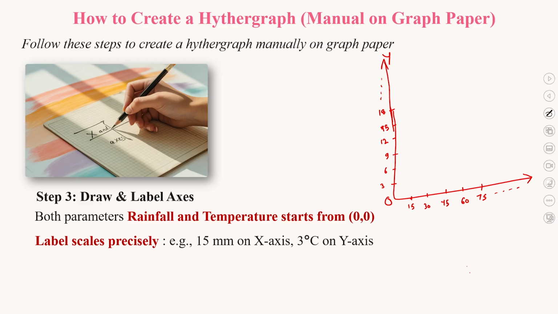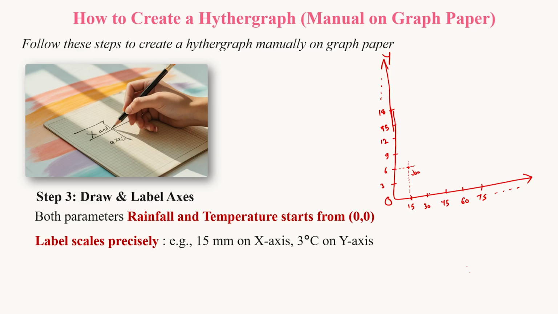What we will do is draw a perpendicular from both axes, and where these points meet, we will plot a point and mark it; this point will show the data for January. The same thing we will do for the month of February.